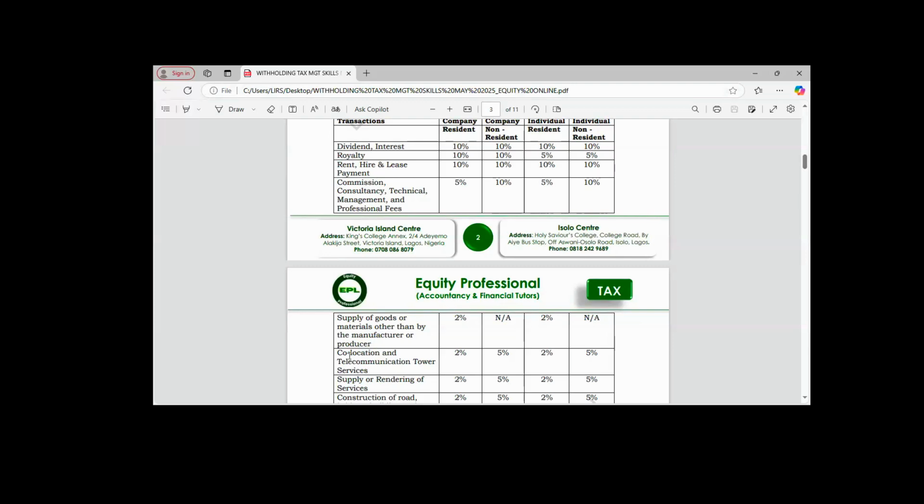Then we have construction and telecommunication services, all forms of telecommunication services. So maybe you want to construct masts or all those services that are available under telecommunication. We have 2% for resident company, 5% for non-resident, whether company or individual.